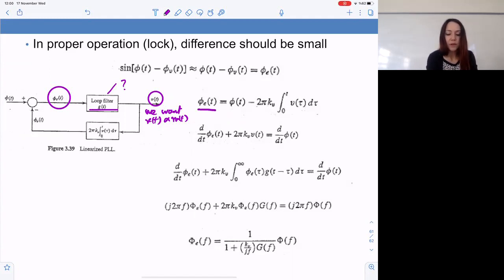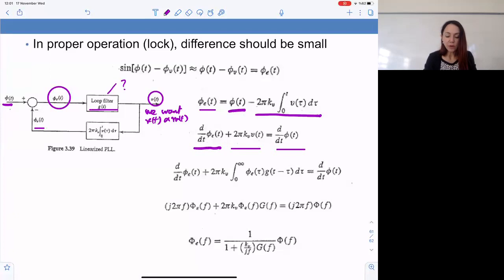Now, phi e(t) clearly is the difference between phi and phi v. What is phi v? Phi v is obtained by integrating v. Let's differentiate this equation: d phi e/dt plus 2 pi kv v(t), notice that we have zero initial condition, is equal to the derivative of phi. All right.